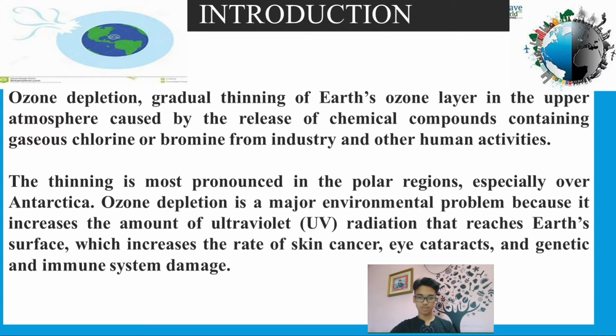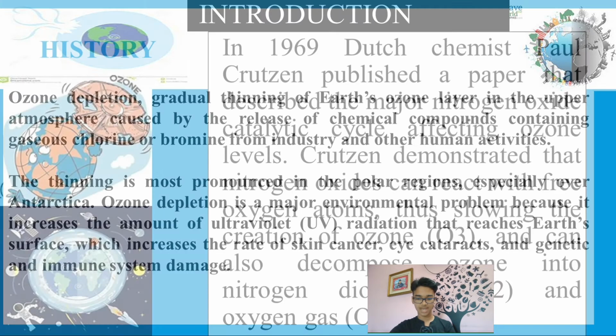The thinning is most pronounced in the polar region, especially over Antarctica. Ozone depletion is a major environmental problem because it increases the amount of ultraviolet radiation, which means UV radiation, that reaches Earth's surface, which increases the rate of skin cancer, eye cataracts, and genetic and immune system damage.